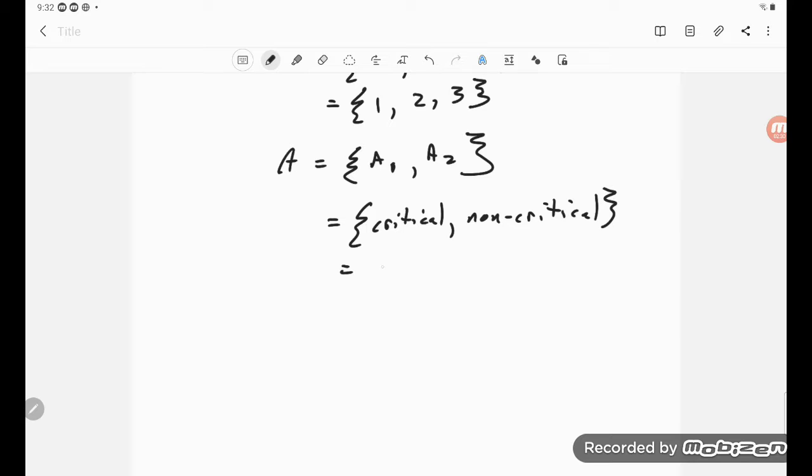And in general, we'll just say, oh, that's 1 and 2. Okay, so that's the background from example 2.11.